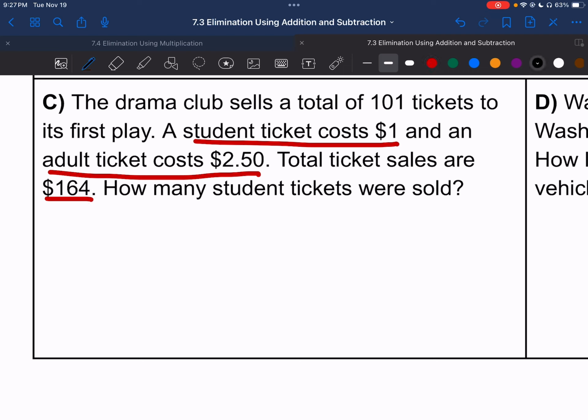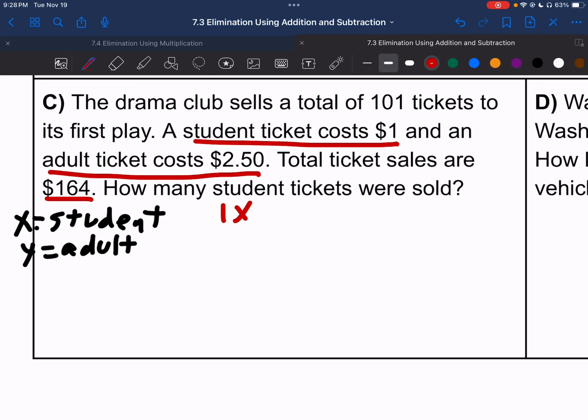But first, let's define our variables. X is going to be student. Y is going to be our adult. So in that red equation there that I've underlined, student tickets are $1, so $1 times x.